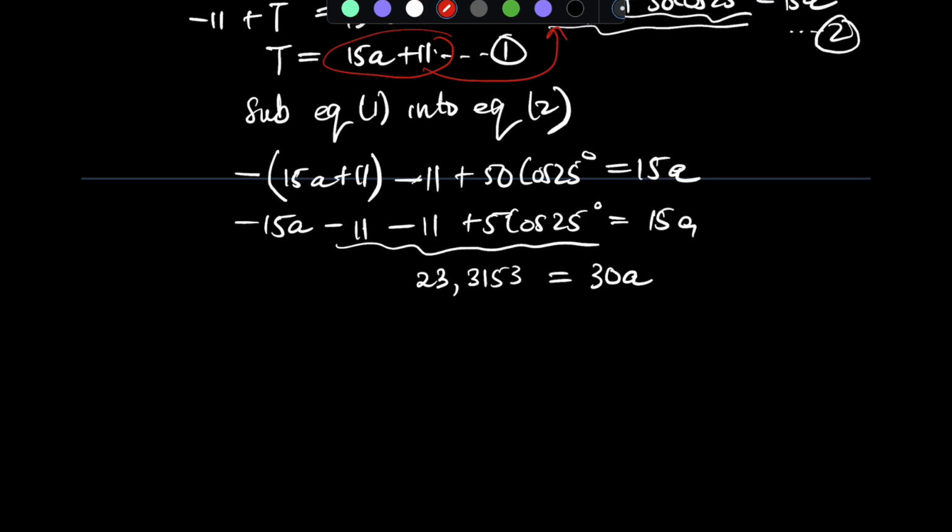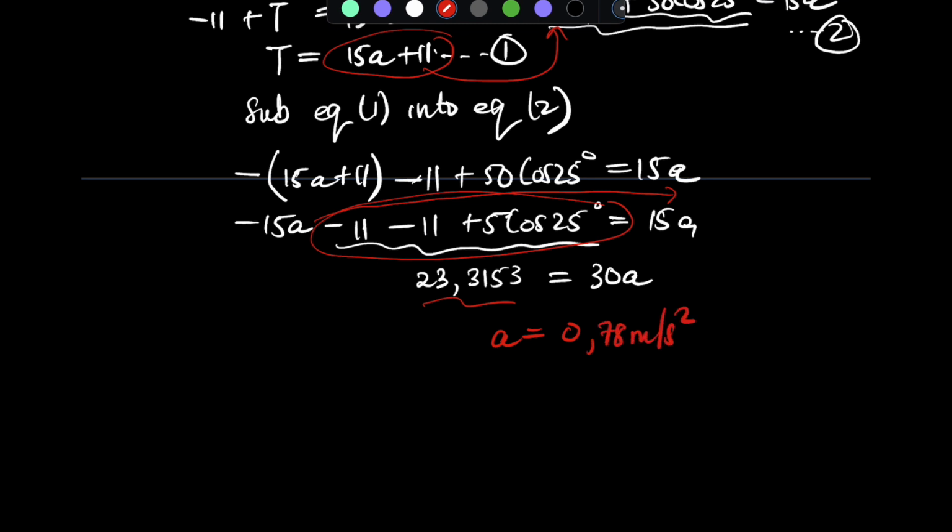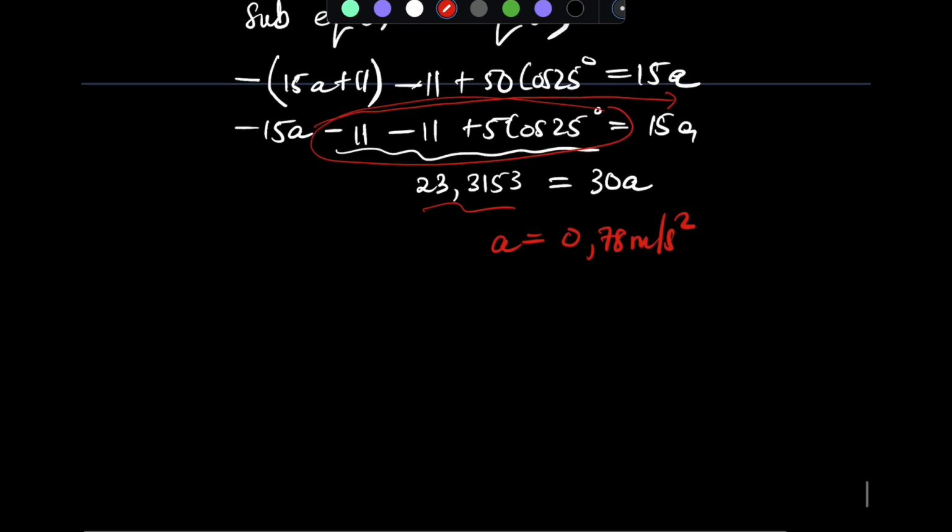Why? I've taken this to this side, it gives 30, and the answer for this, it's this one. And then we divide by 30, and the acceleration here is 0.78 meters per second squared. That's the acceleration there.